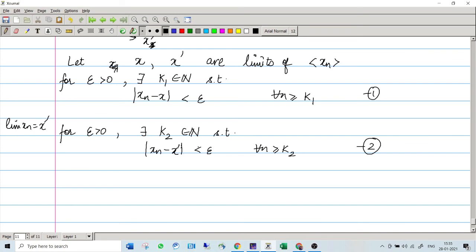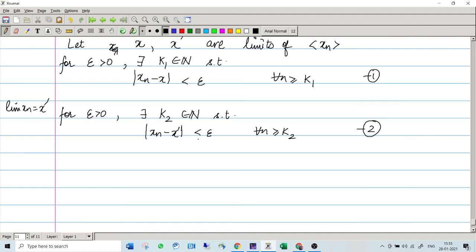The whole story is repeated again and again, the definition is applied, nothing else, right? So we want to show eventually कि x और x dash are one and the same, मतलब we want to show x minus x dash should be 0, right?